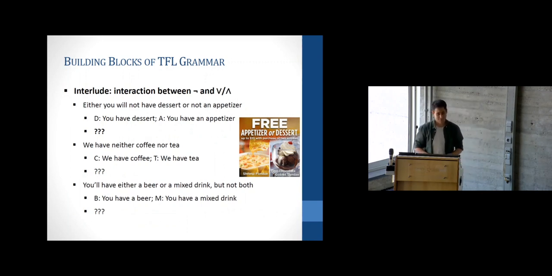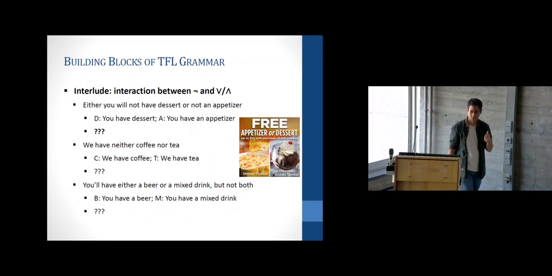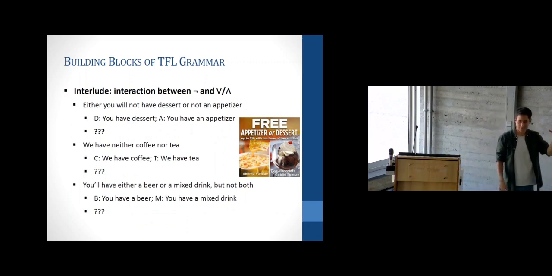Either you will not have dessert or not an appetizer. Okay, so what do we have here? Just scanning the sentence, what connectors are in play? Disjunction and negation, right?